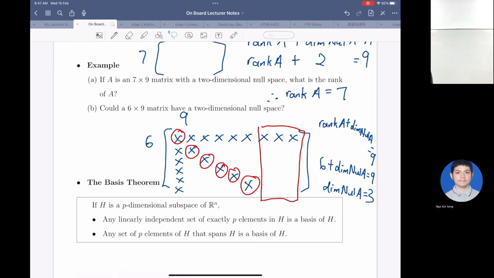One way is any linearly independent set of exactly p elements in H is a basis of H. So if you have exactly p linearly independent vectors in your set, then it will automatically span, so it forms a basis. Or the other way, any set of p elements of H that spans H is a basis of H. That means any set of p elements that spans H is automatically linearly independent.